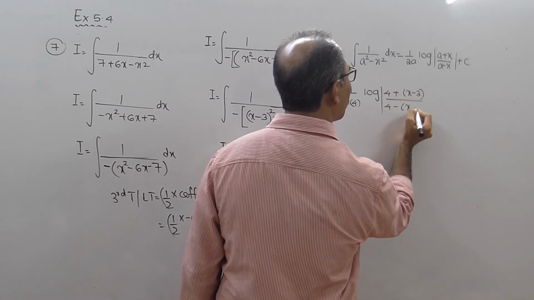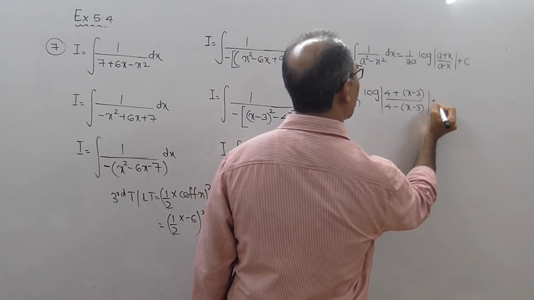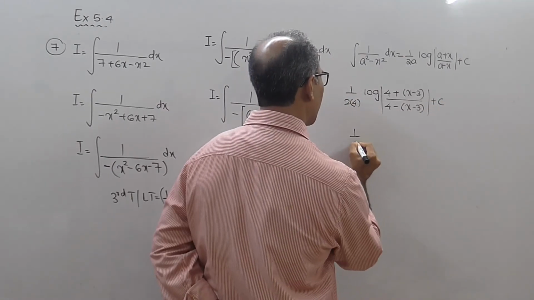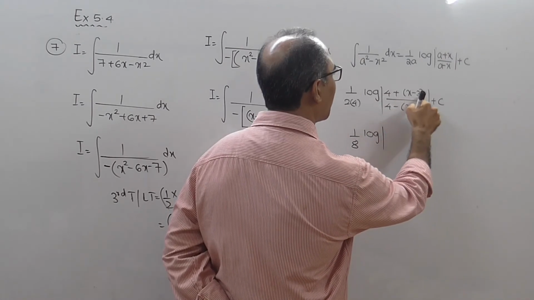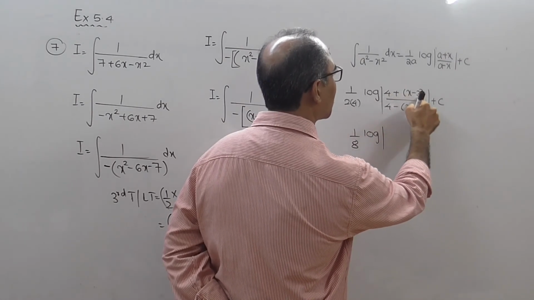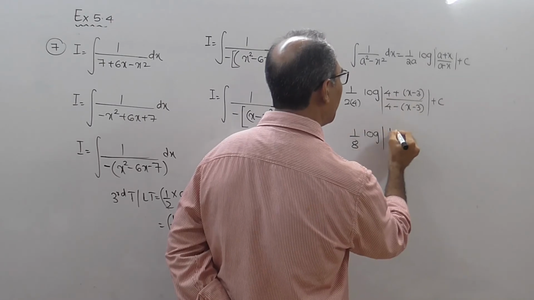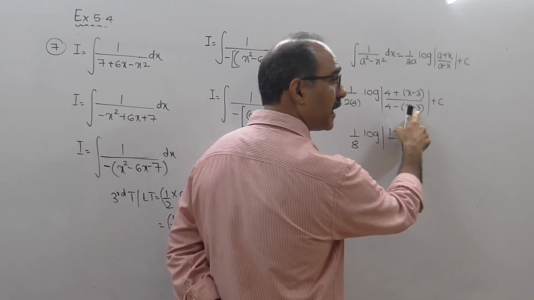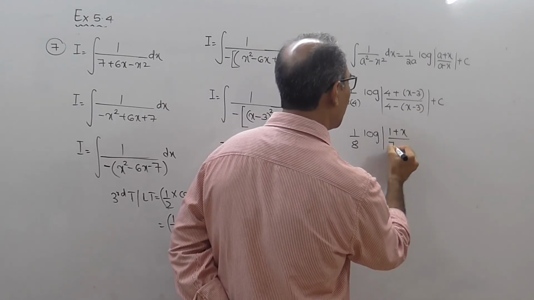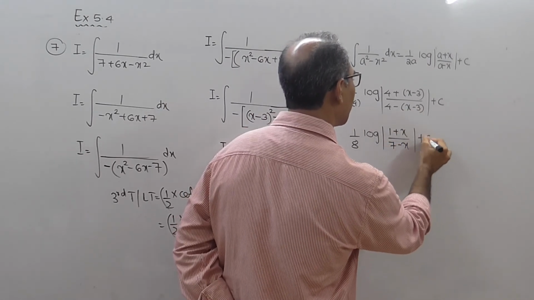A minus x means 4 minus x minus 3 modulus close. This will be 1 upon 8 log modulus 4 plus x minus 3. So 4 minus 3 will give you 1. This is 1 plus x. 4 minus x minus of minus 3 means 4 plus 3, that is 7. So we get 7 minus x plus c.